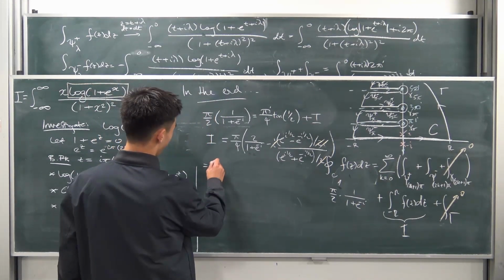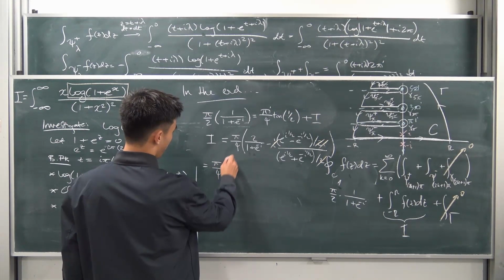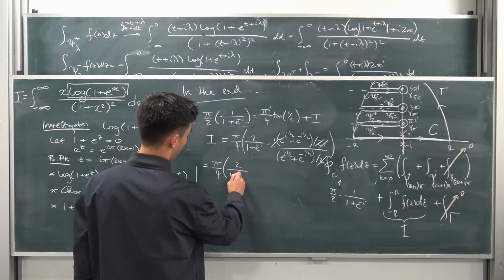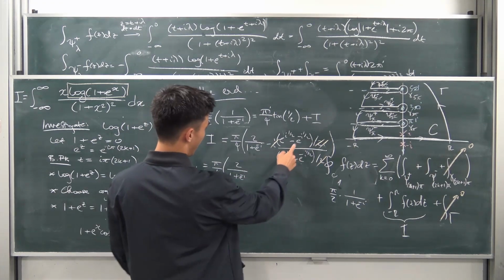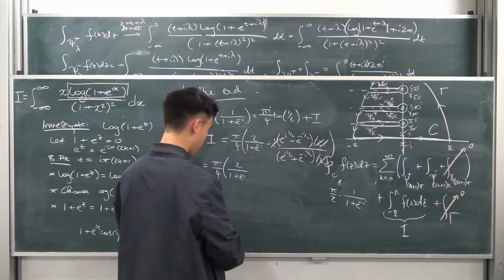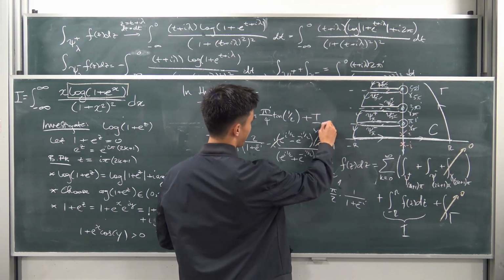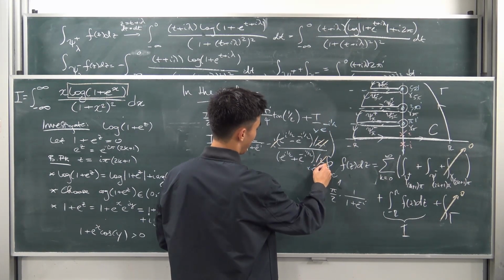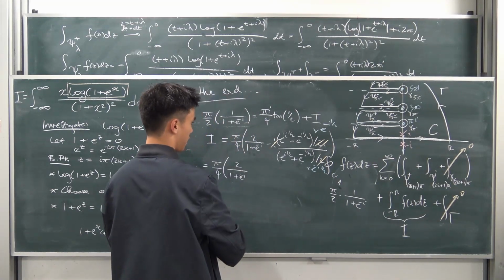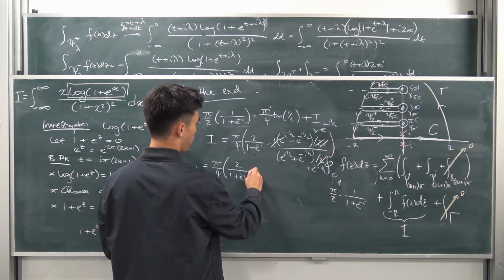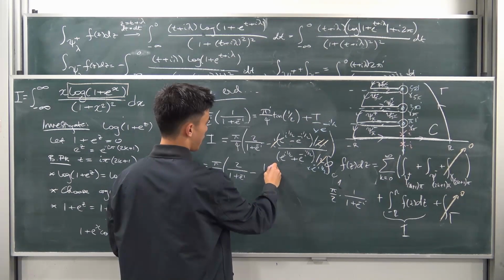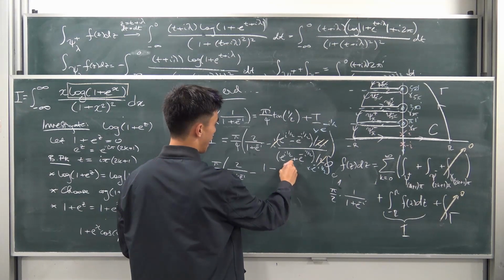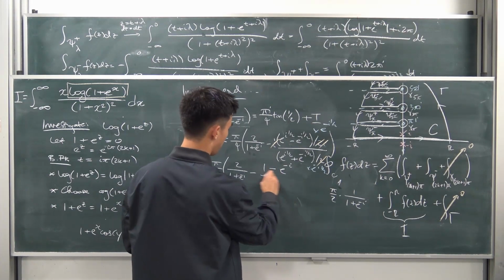So this is going to be pi on 4, we have 2 divided by 1 plus e to the negative I, and then if you multiply this guy by e to the negative I 1/2, that's going to give us minus 1, and then a negative e to the negative I, like so, I believe.